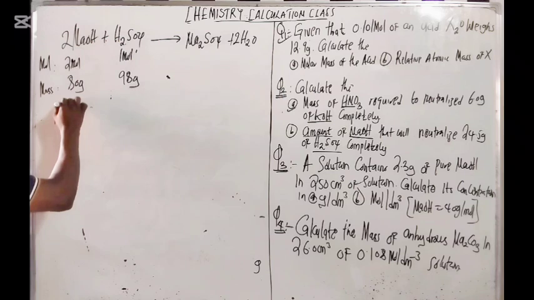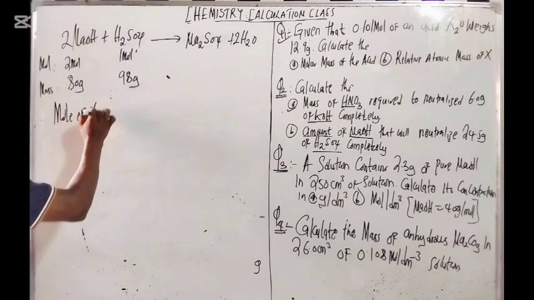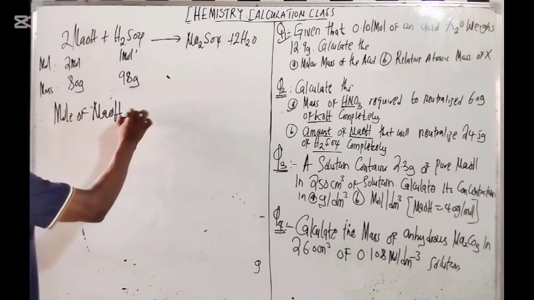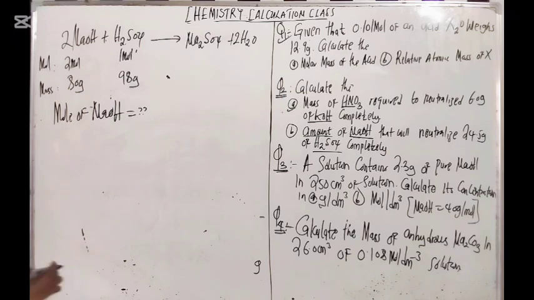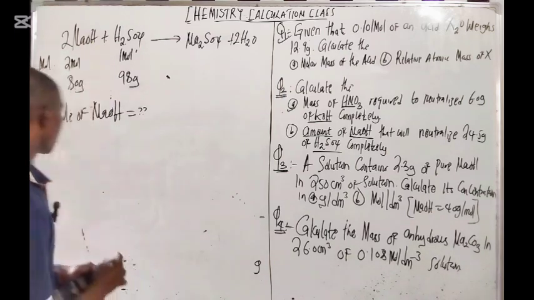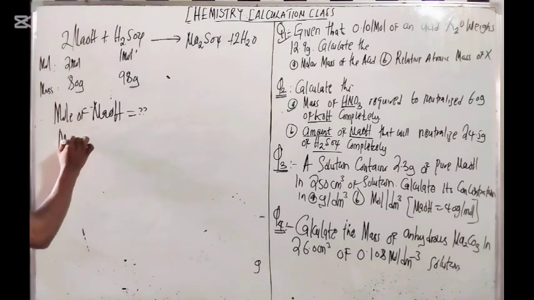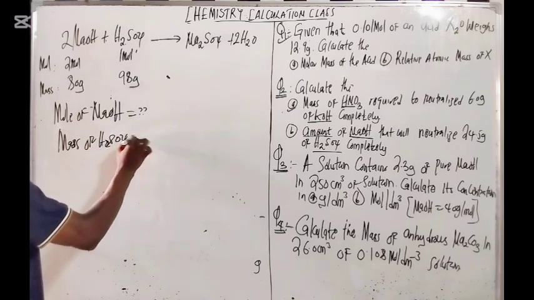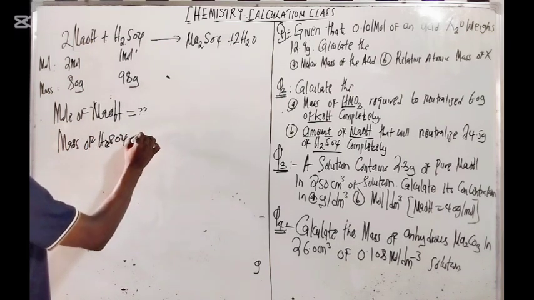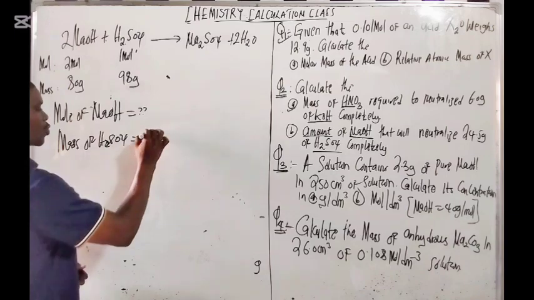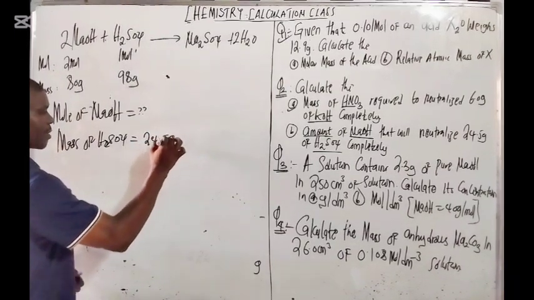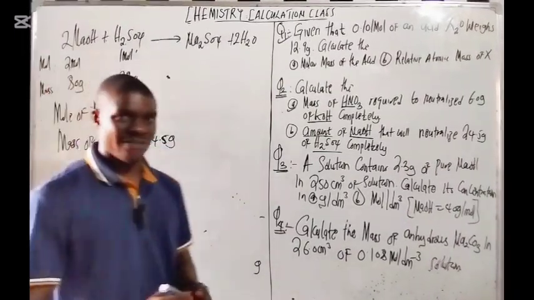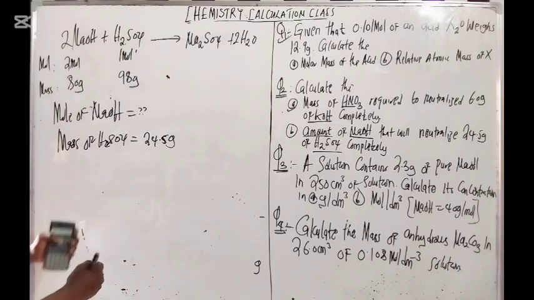So the mass of H2SO4 is 24.5 grams. Can you see that?